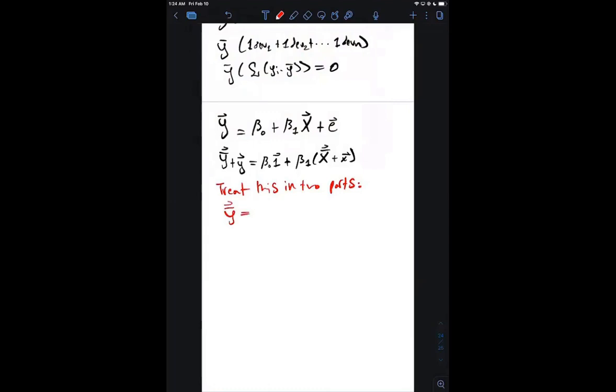And we'll say here, we can do a little bit of clever arithmetic again. We'll say beta naught times the 1 vector plus, now this part, beta 1 times x bar here. Notice that this reduces to the following.